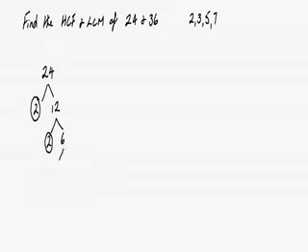And 6 is 2 times 3, and 2 and 3 are also prime. So I can say that 24 is 2 times 2 times 2 times 3. Double check that you haven't missed a 2 or added 1. It's very easily done.